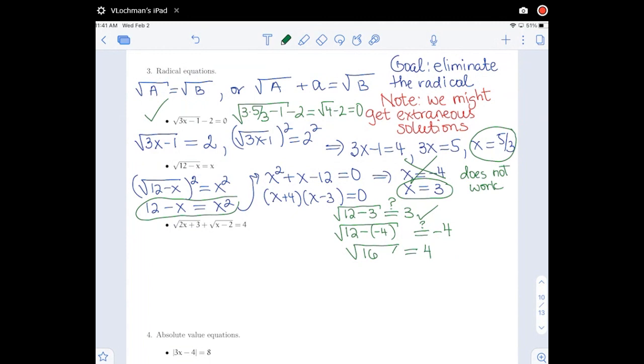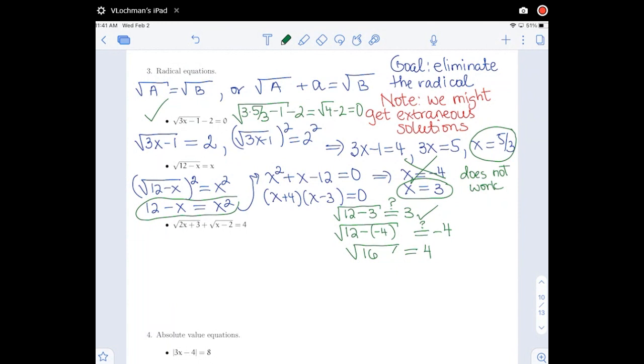Because if you take the square root of a positive number, we just get the positive number. We do not get the negative part. If it's a variable, that's a different story, but here we don't have a variable. We get a value under the radical, a positive number. So here's your first example of a number that does not work.